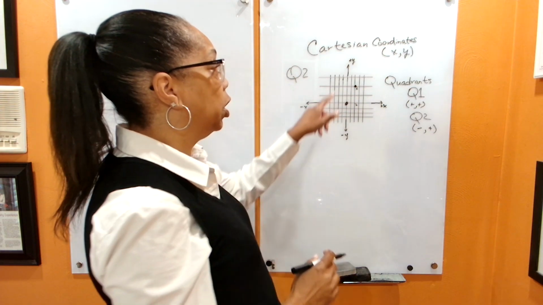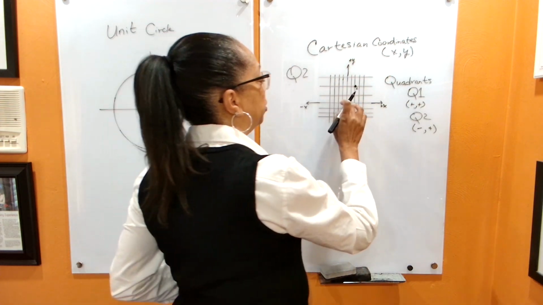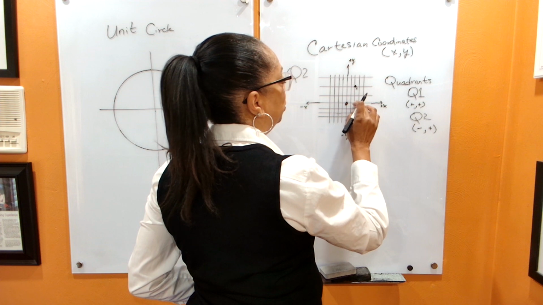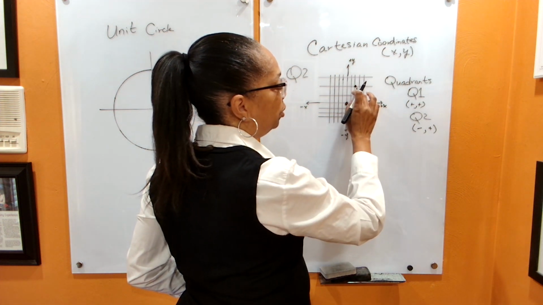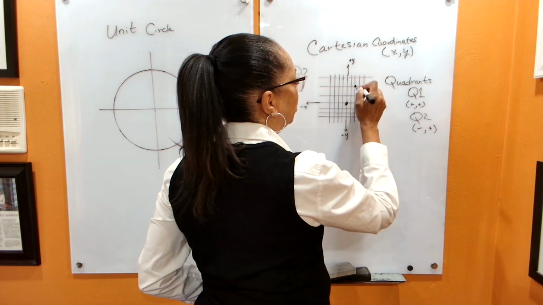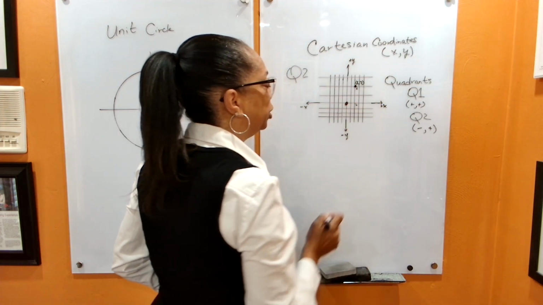So what are the Cartesian coordinates for this point? They are 2, comma 2, because we went 2 in the x direction and 2 in the y direction. So this point has 2 comma 2 as its coordinates.